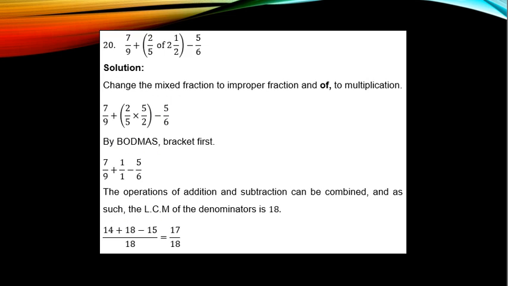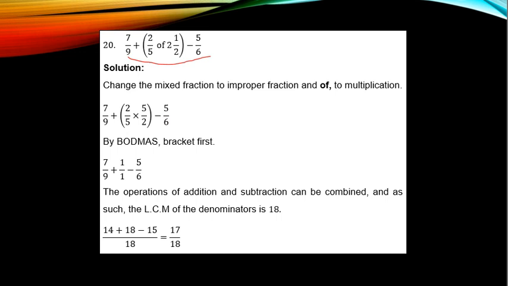Example 20. You have 7 over 9 plus bracket open 2 over 5 of 2 whole number 1 over 2 bracket close minus 5 all over 6. Here we do two things at the same time.